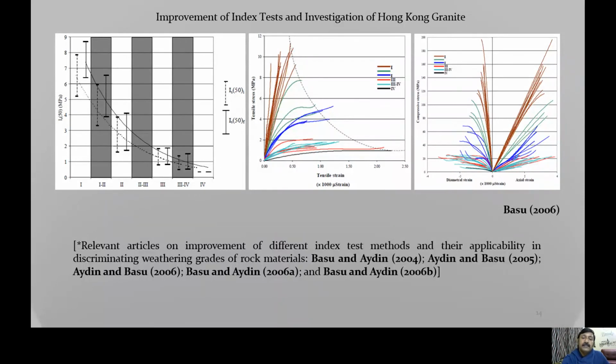So when we actually carried out this test, we tried to investigate the deformation that is taking place orthogonal to the loaded diameter.